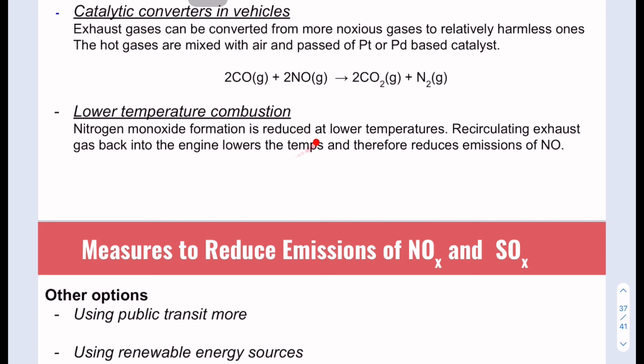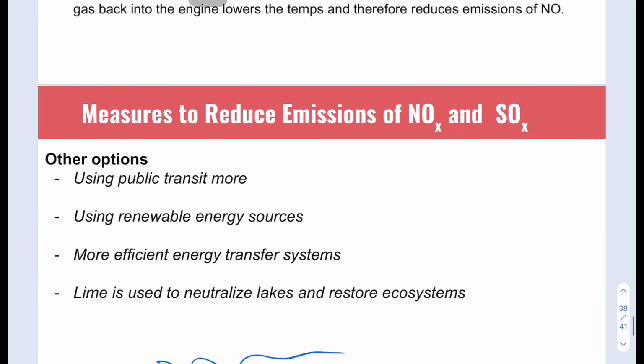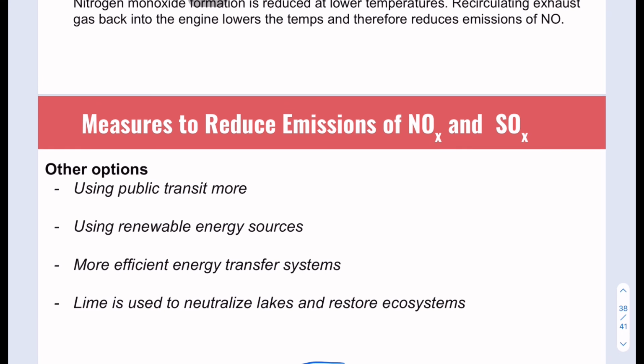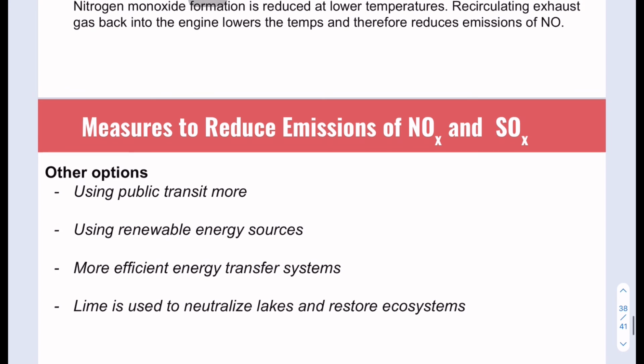So if we can reduce the temperature in the engine, then the formation of nitrogen monoxide gas will be lowered. And some of the other things are not directly related to removing the oxides, but rather preventing them from being formed.